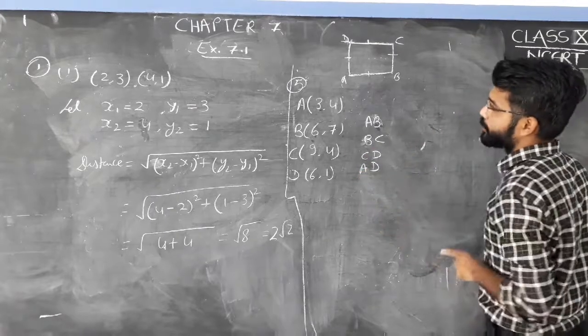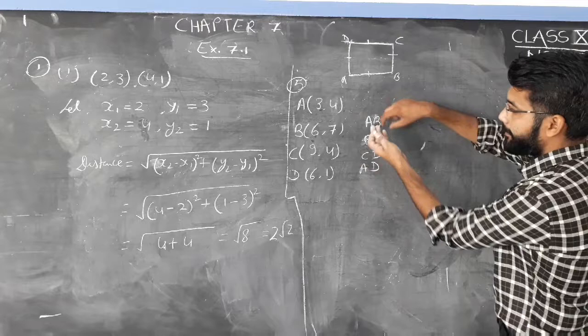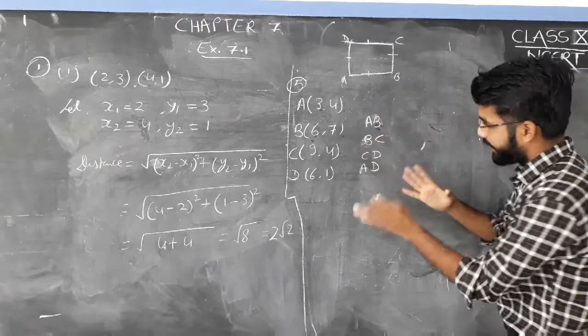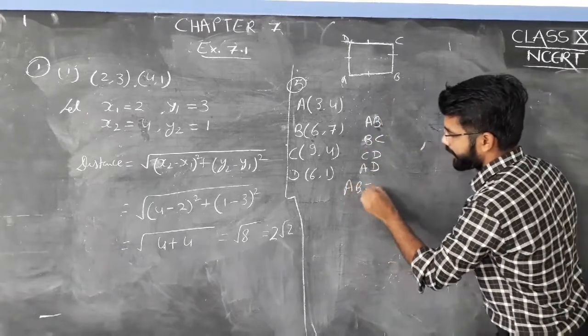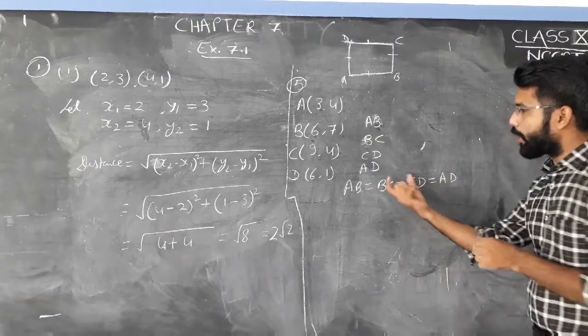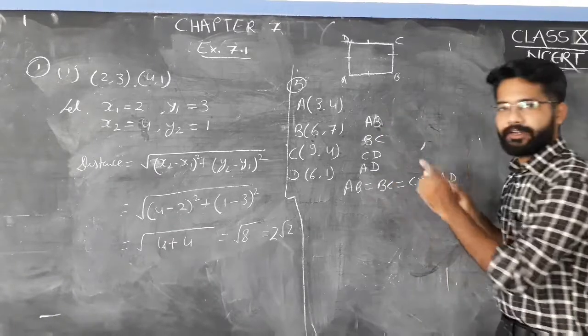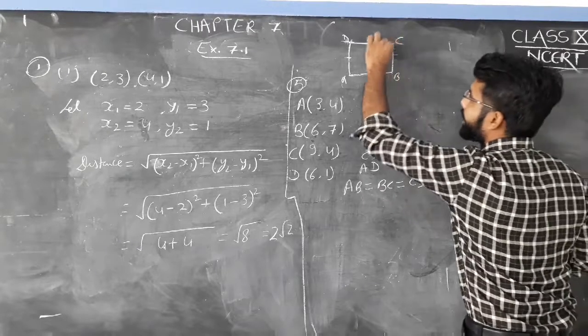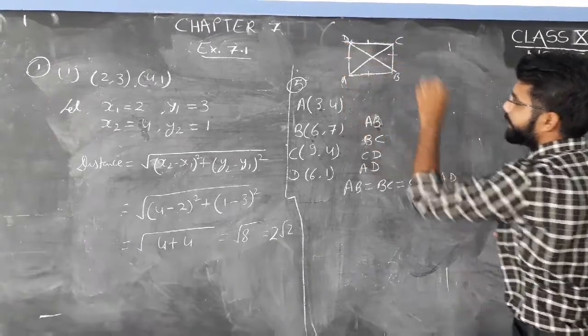Okay. 2 more things that you have to find. If you find AB, BC, CD, and AD all are equal, means AB equals to BC equals to CD equals to AD. If you get all values of all these things are equal, one more thing. We have 2 diagonals, AC and BD.